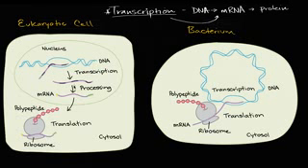In eukaryotic cells, and we're going to get into a little bit more depth in this video, the transcription, the DNA to mRNA, happens inside of the nucleus. And there's essentially two steps here. You go from DNA to what we would call pre-mRNA. Let me write that down. Pre-mRNA, which is depicted right over there.